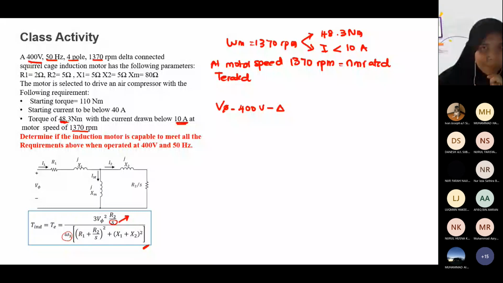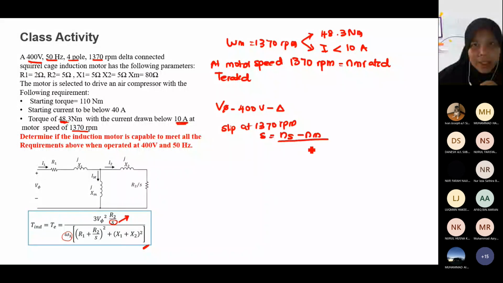Ns minus Nm. So, slip at 1370 RPM, S equals Ns minus Nm over Ns. How to calculate your Ns?